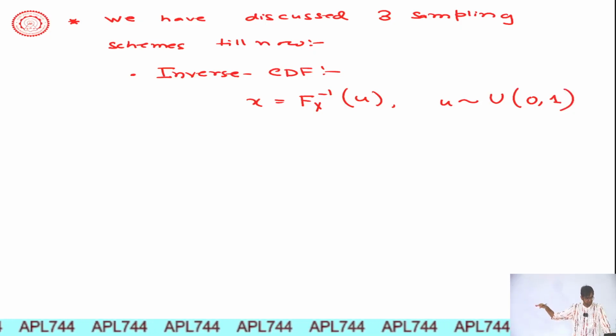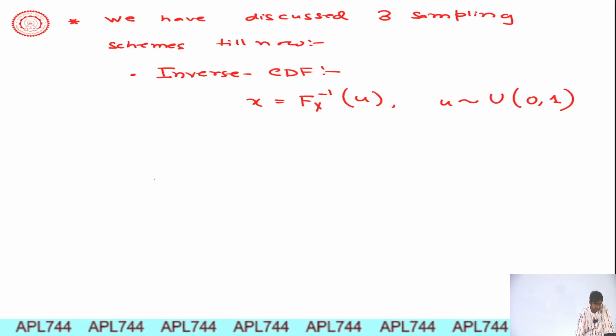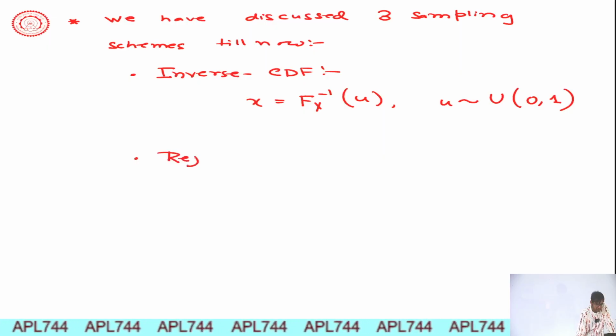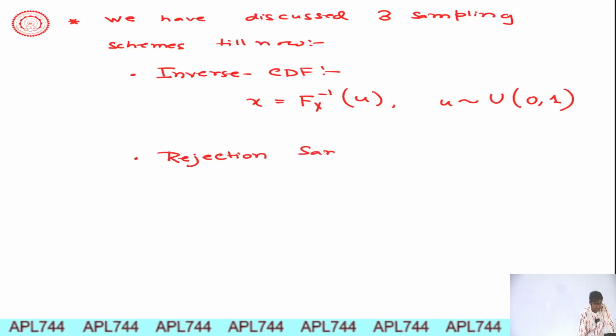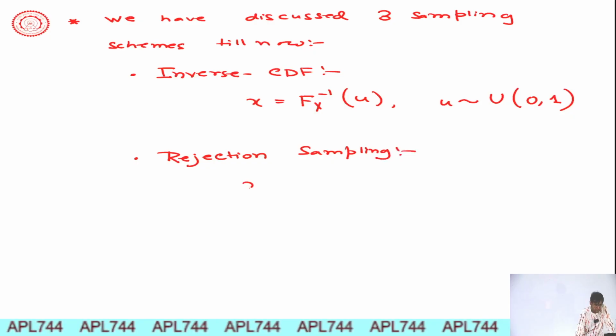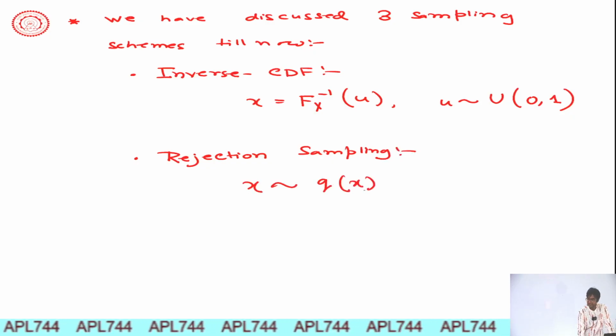F_X inverse is the problem. The second one that we have talked about is rejection sampling, and here, to very quickly write down the algorithm: you sample x from some proposal which you decide based on certain criteria.